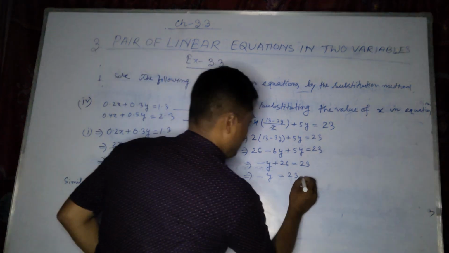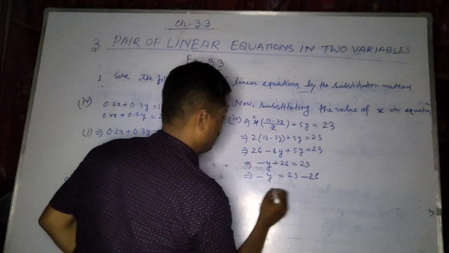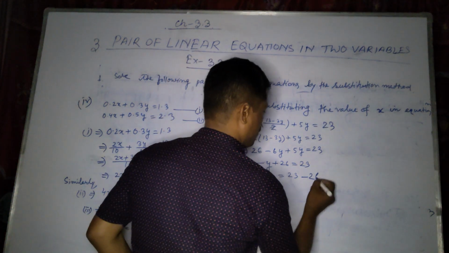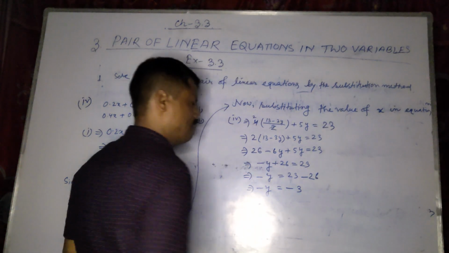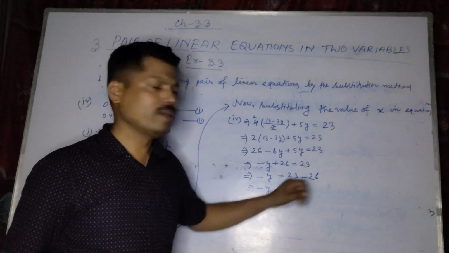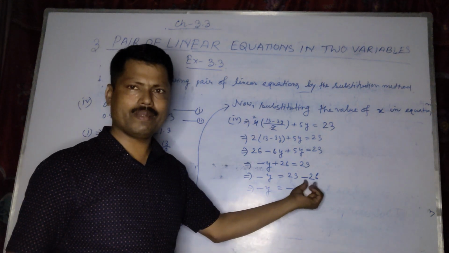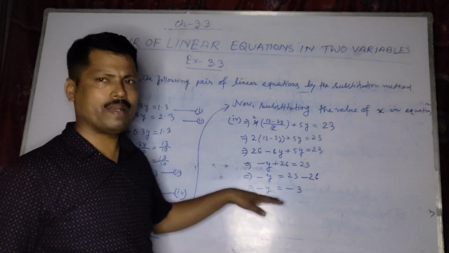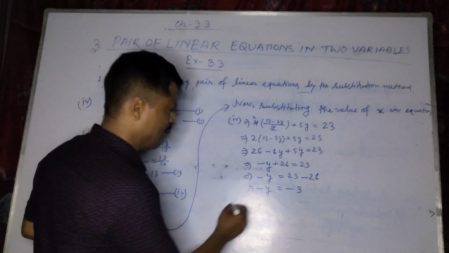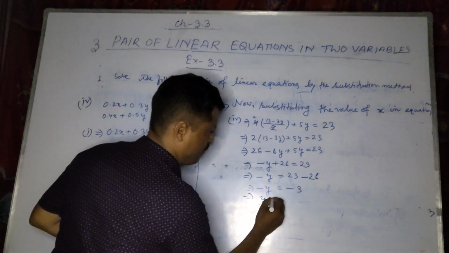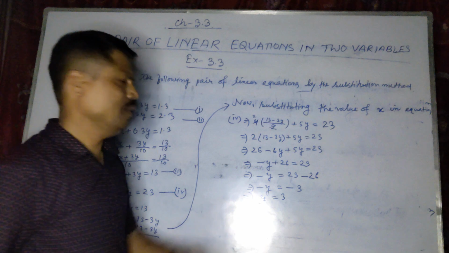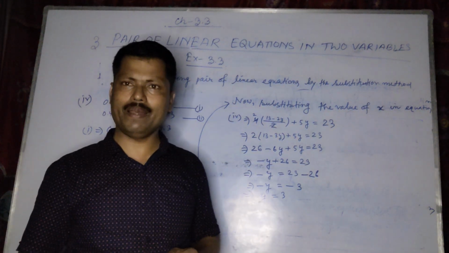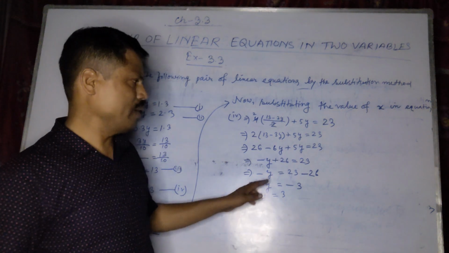So minus y is equal to minus 3. Now what will y be? 3. Both sides have negative, so if we multiply both sides by minus 1, minus minus will be plus.